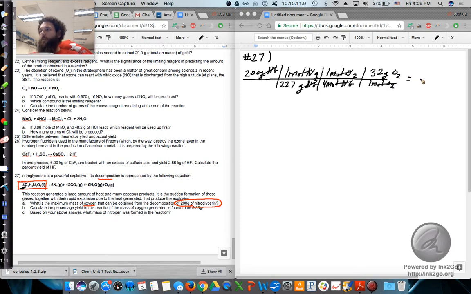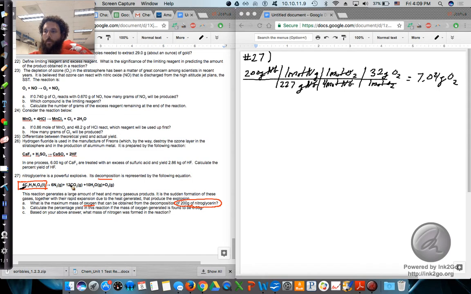There we go. Let's figure this out. 200 divided by 227 divided by 4 times 32 gets us, not a lot, 7.04 grams of oxygen. Not a huge producer of oxygen.